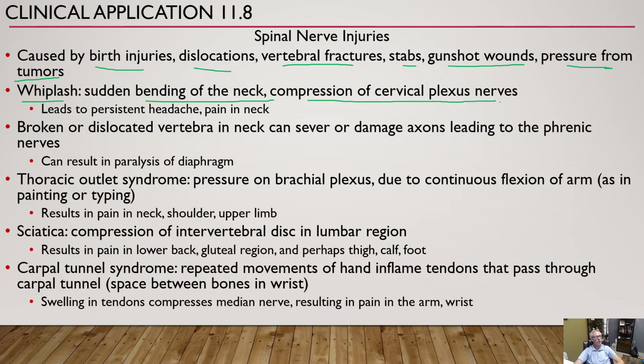Bending of the neck can compress the cervical plexus, C1 to C4, and you could have a persistent headache or neck pain. You can dislocate that vertebra, leading to damaged axons. If you damage C3, C4, C5, remember that can lead to diaphragm paralysis.